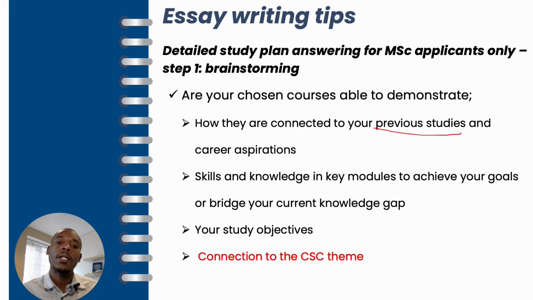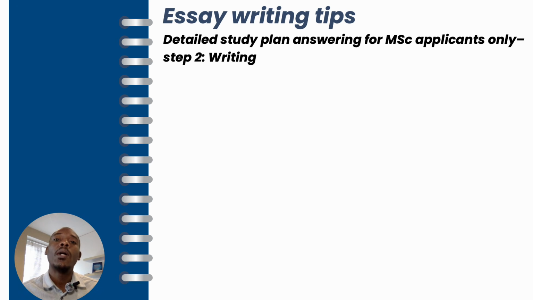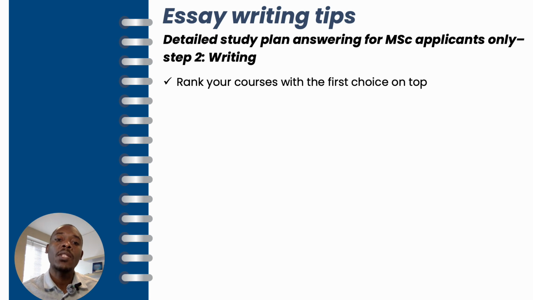So you need to dedicate time to do brainstorming and see how you can connect your chosen course to these components. And once you do your brainstorming, the next thing is to write the essay. So what do you consider when writing? You rank your courses.